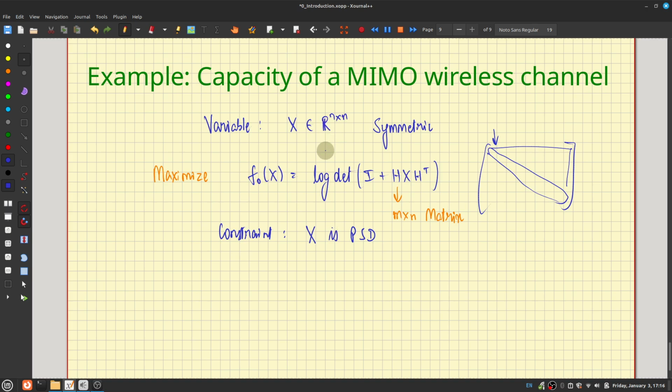So I want to maximize this complicated looking objective function, the log of the determinant of some matrix, over all possible symmetric matrices X having non-negative eigenvalues. And I'm saying that the same set of tools that can be used to solve other Euclidean optimization problems can also be used to solve this particular problem.